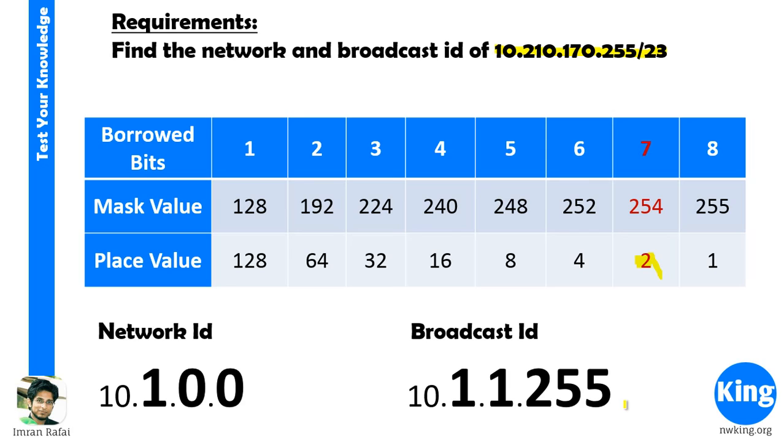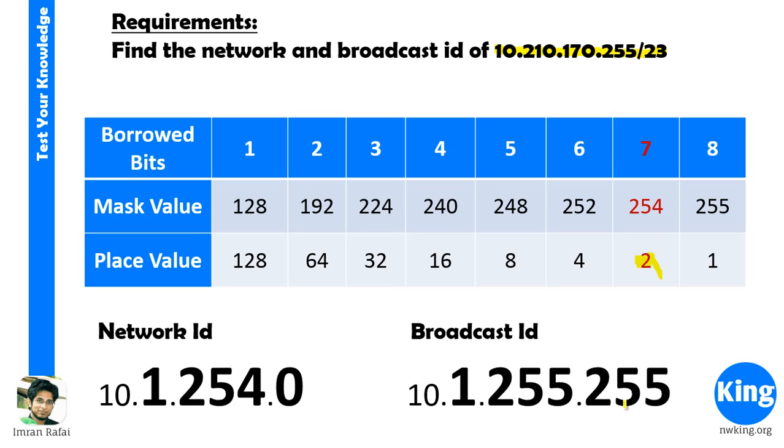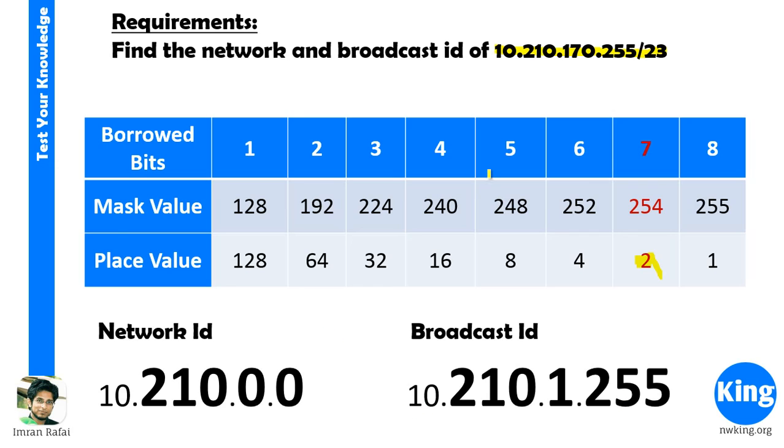Similar concept happens here. So again it goes 10.1.2.0, 1.4.0, 1.8, it goes on to 1.254.0. Again, if you add 2 more, it becomes 10.2.0.0 and goes on and on and on until it reaches 10.210.0.0. Now if you look at the question, we are interested in this 10.210 network.